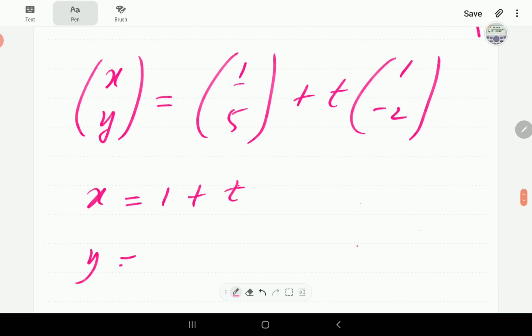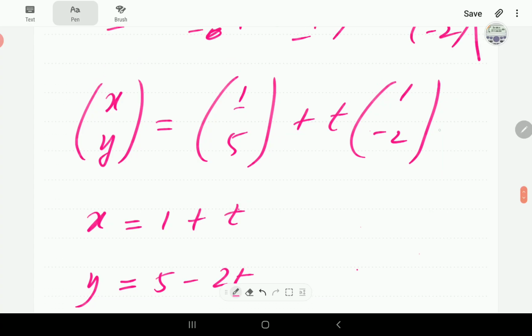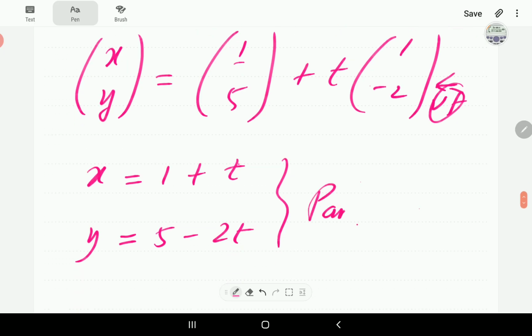The y component is 5 minus 2t. So this is the vector form of the equation. This one is called the parametric form of the same equation.